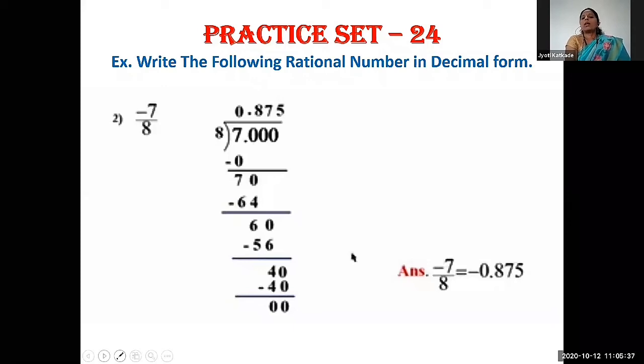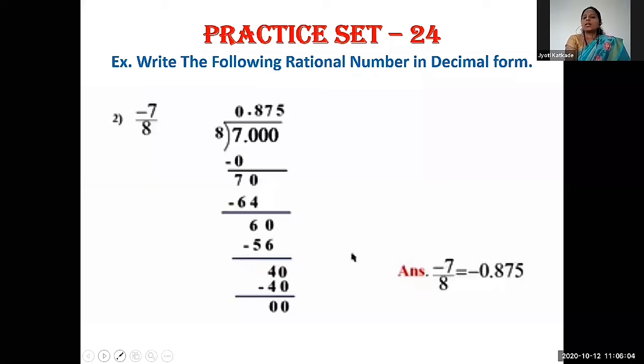Now our value is 70. When we add the decimal point, then put 0 on that number. Now we get 70. Now 8 8s are 64. When we minus 64 from 70, we get 6. Again there is 60.